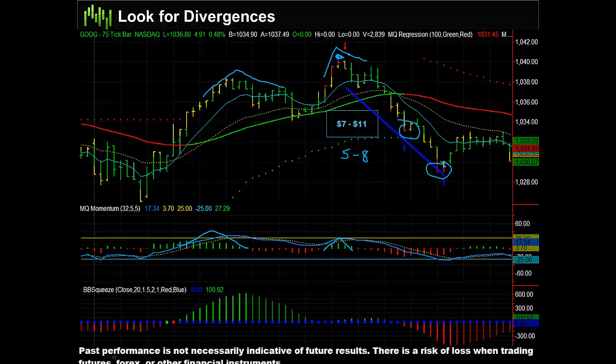Now these options, the puts that I bought here, usually are about $15. Buy it at 15 and I sell it here, that's going to be a $20 option. I made 33% on the money that I committed to this trade. So you sell it here, it's going to be worth 20. You sell it down here, it's going to be worth 23.